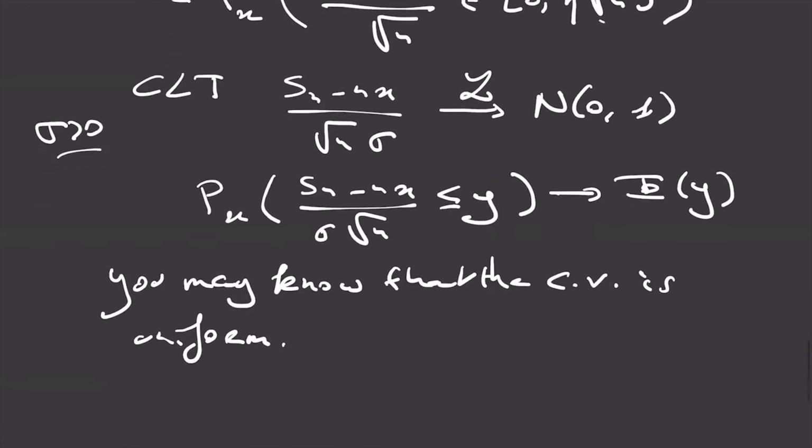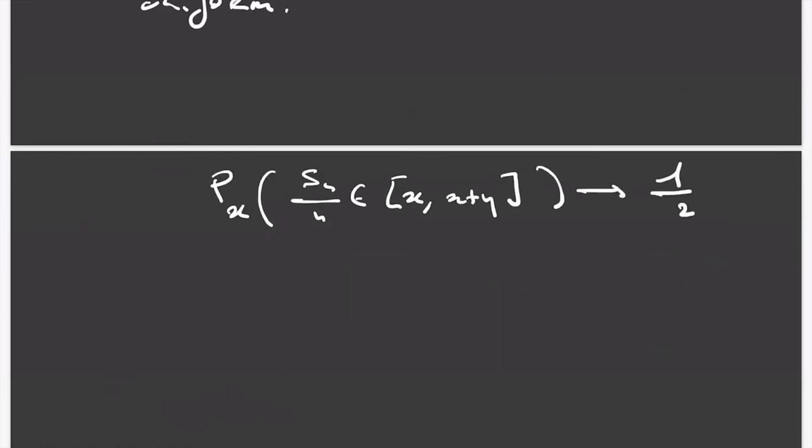And this means that the probability that we are looking at, that is the probability that Sn over n belongs to the interval x plus eta, converges to 1/2 as n goes to infinity.